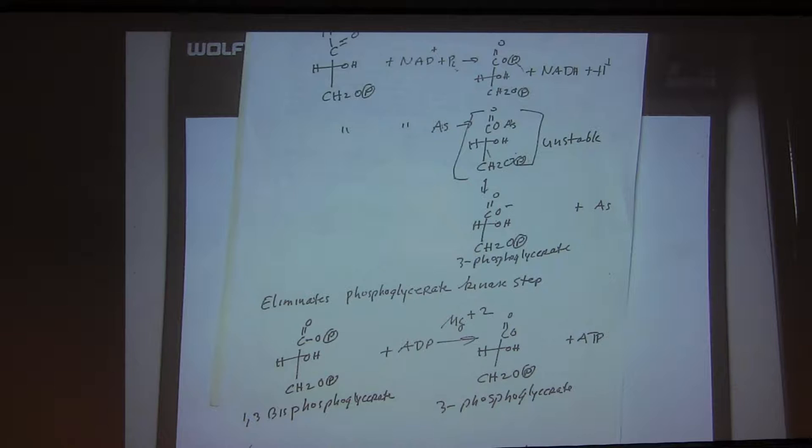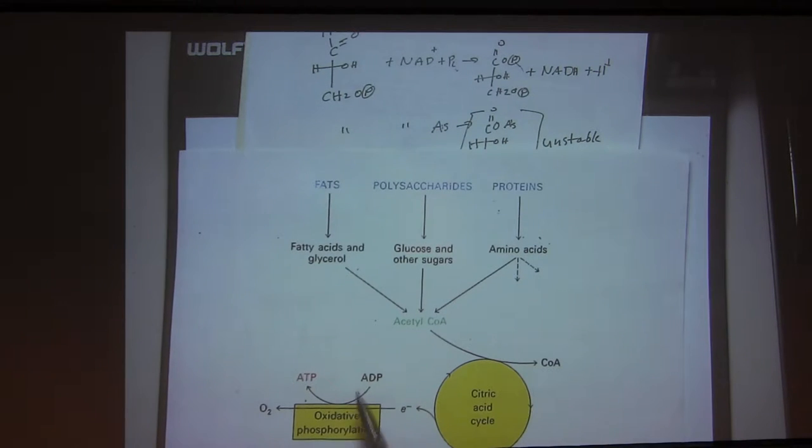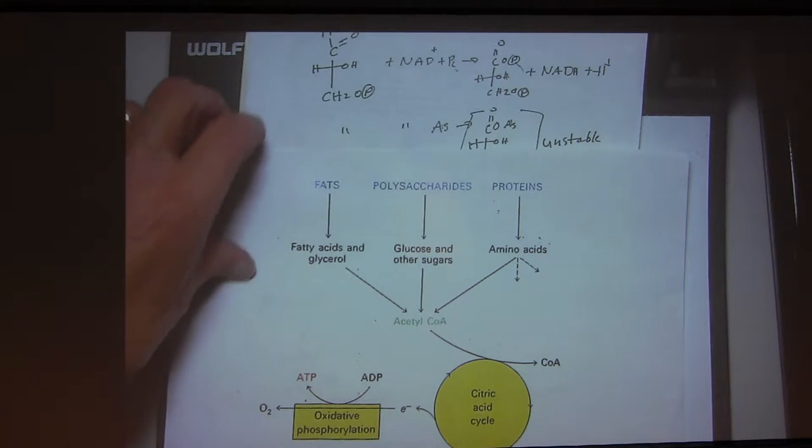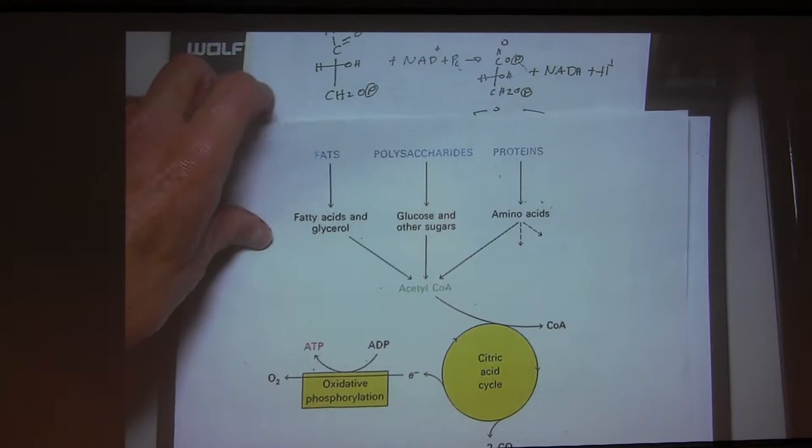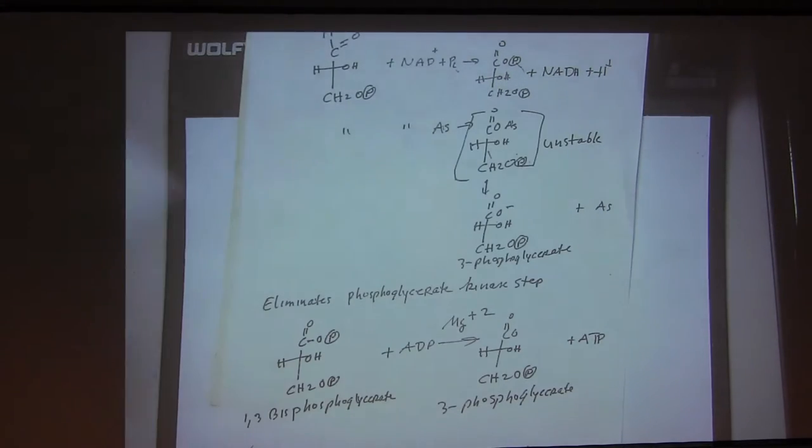It's not all the cancers, but 70% of them. There is no oxidative phosphorylation. In other words, this step is wiped out. There's nothing going on here. You can't make ATP from this. This is where we make all the ATP.